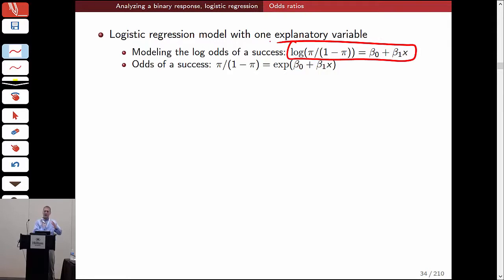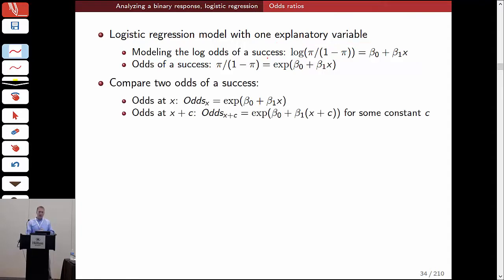But how about we rewrite the equation so that you have just the odds of success on the left-hand side. Now on the right-hand side, we have the exponential function with β0 plus β1 times x. That's helpful to know because now we can look at the odds of success for different possible values of x. Maybe x might be the distance of the place kick, for example.